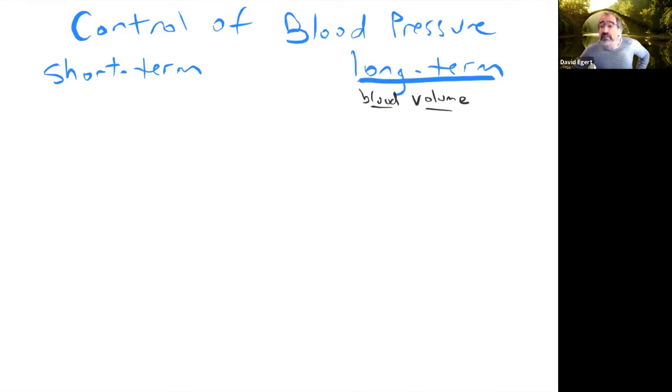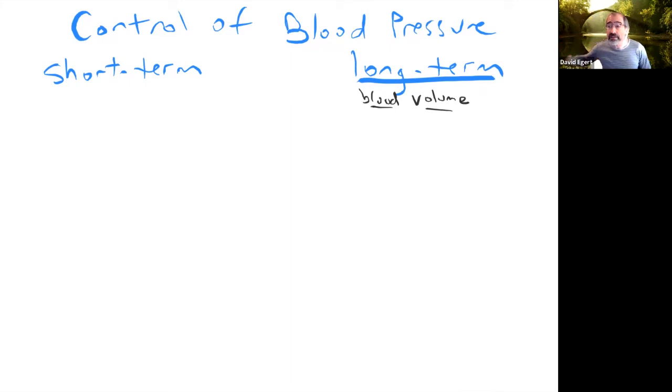Like I said, the blood volume is basically the main set point of your blood pressure. Most of the other things like speeding or slowing down your heart, or increasing or decreasing stroke volume, or vasoconstriction, vasodilation for increasing or decreasing resistance, those are going to be temporary things to adjust it in the moment.